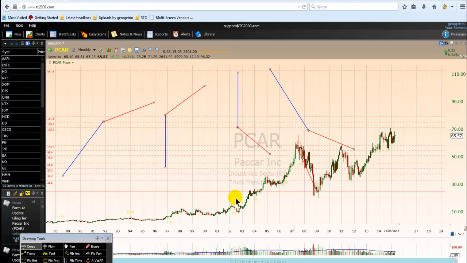The correct answer: the ending diagonal will take place in the fifth Elliott wave. The second question, when does an ending diagonal take place? The ending diagonal will take place when, during the first wave up to the end of the fourth wave, the price moves too far and too fast.